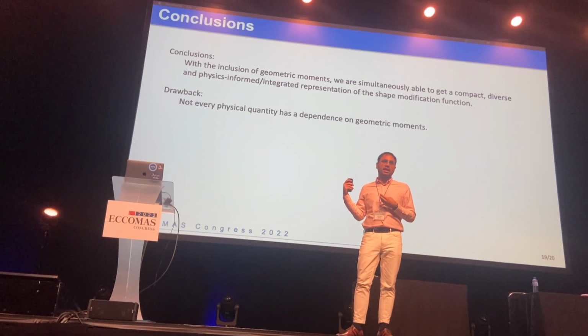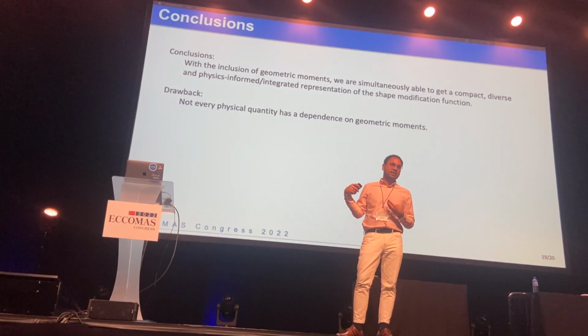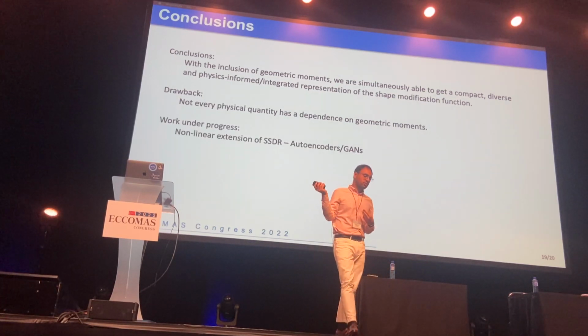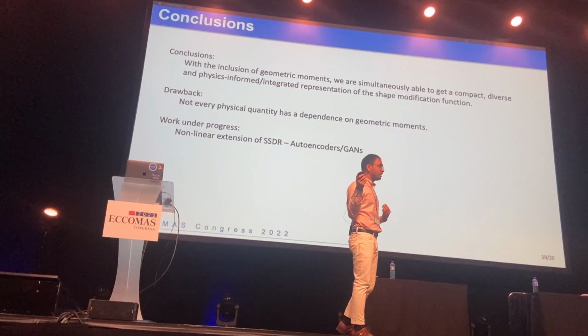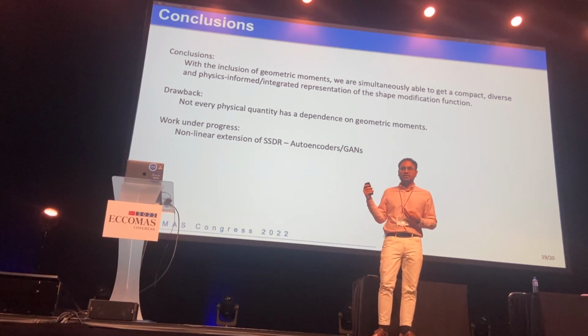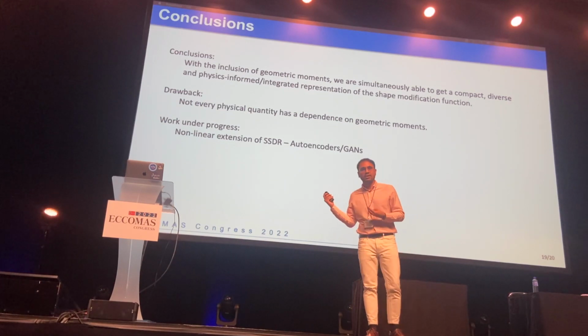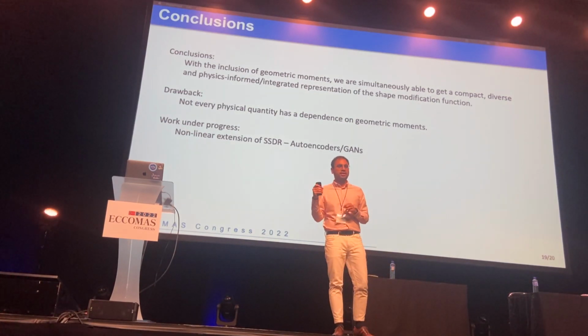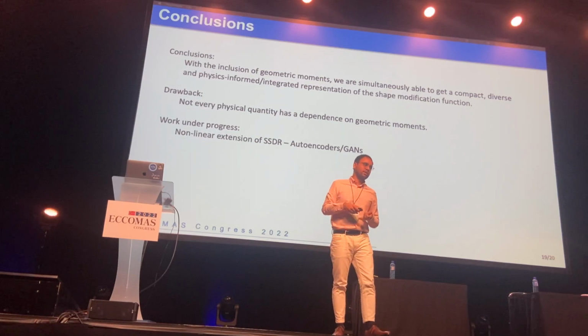So we can't say that for every problem the subspace constructed with our technique will be physics informed. For other work, we want to explore not only linear representation but also non-linear representations, such as autoencoders and GANs, where we also include these integral properties during training and see what kind of results we get.